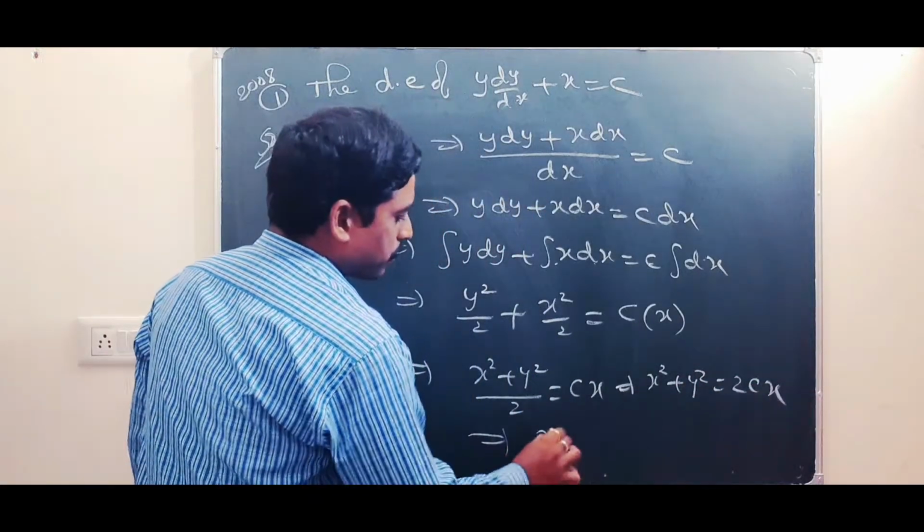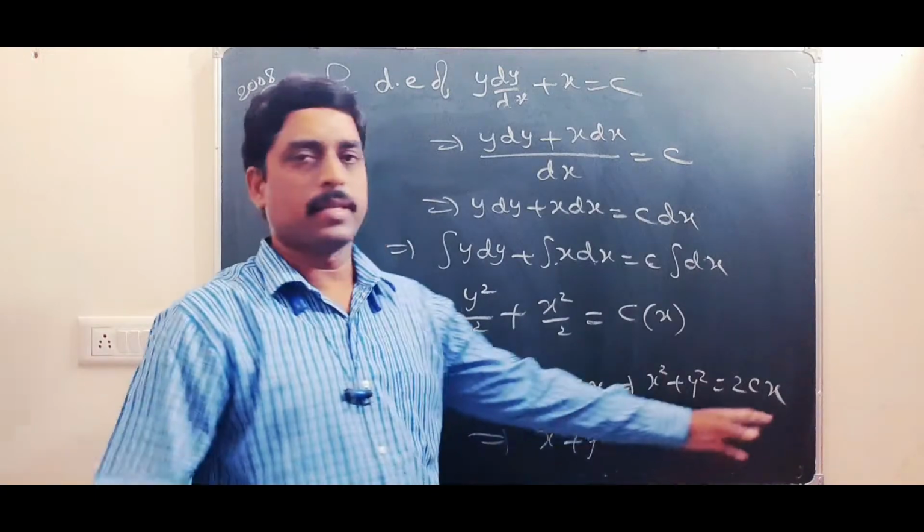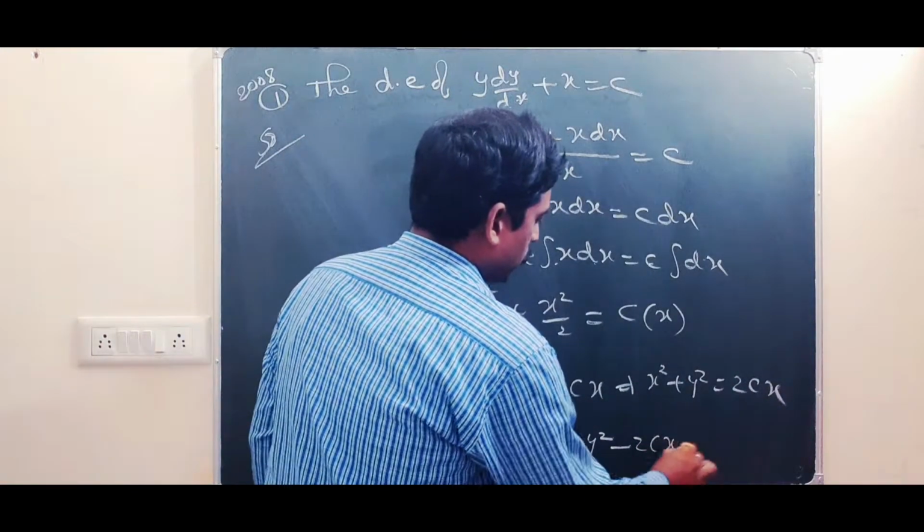It is going to be x square plus y square, bring 2cx to the left side, minus 2cx is equal to 0.